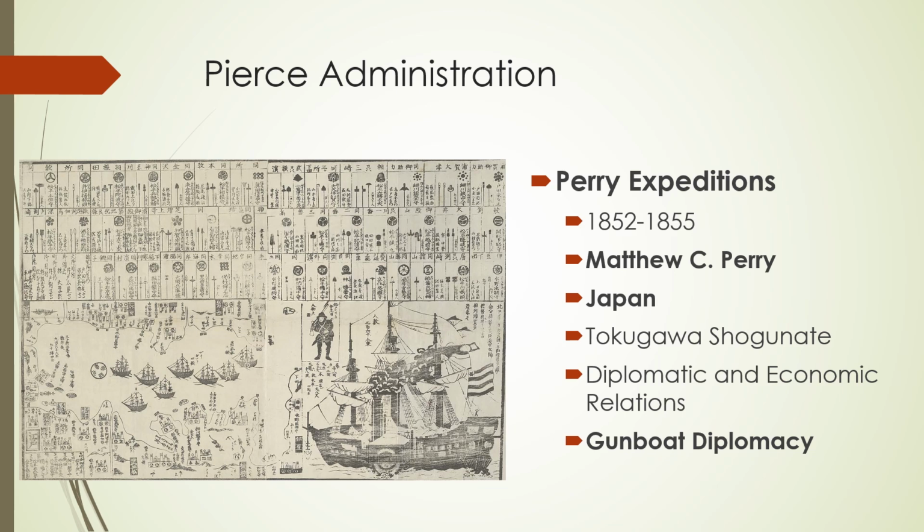We have steamboats, we have modern artillery pieces for the time. And so just like Britain was able to force unequal treaties with China, as we sort of mentioned earlier, the U.S. is going to do that with Japan. So Perry is credited with opening diplomatic and economic relations with Japan, but he does do that at the threat of a warship.